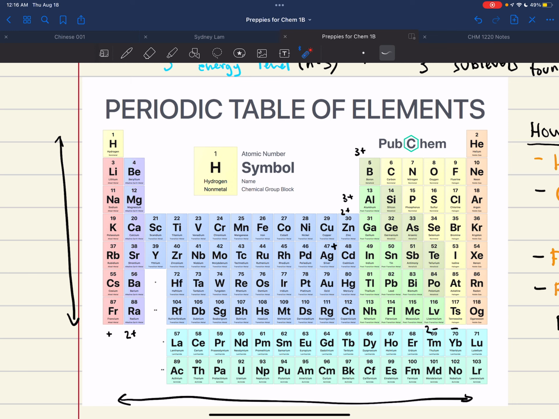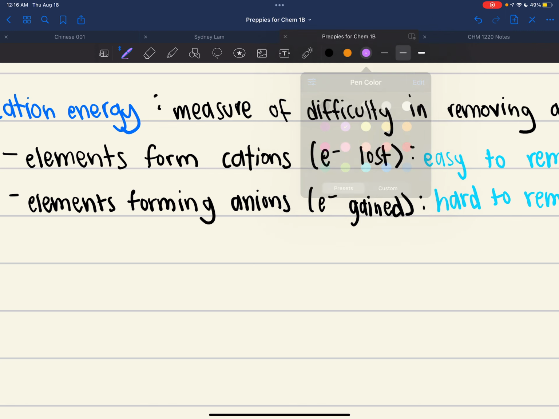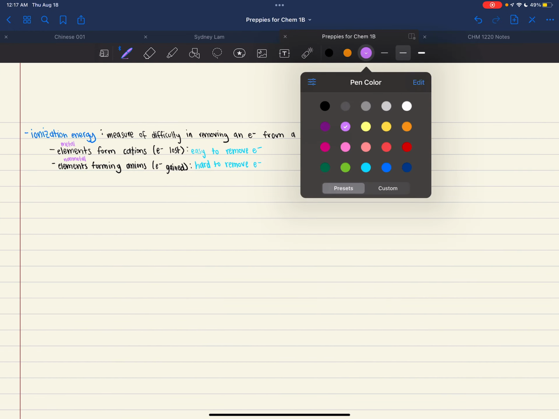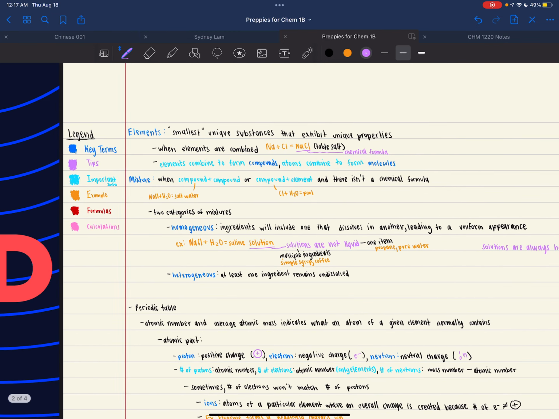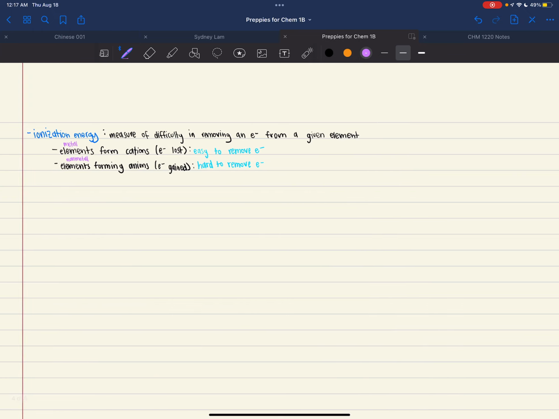Basically all metals, since all metals form cations except for hydrogen, want to lose electrons. So it's very easy for metals to do that. So this is metal, non-metal. And let me write down the thing I said earlier, because it's important.